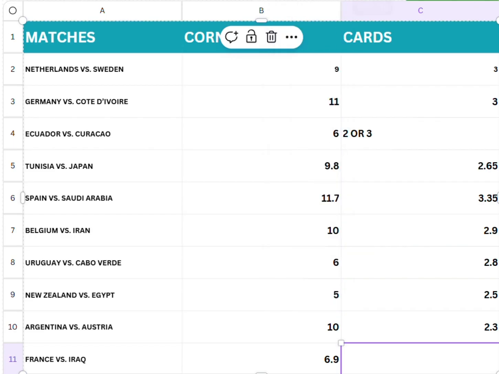So about 7 corners. While for cards, the average cards in a match for France is 3.5, while for Iraq it is 1. I think Iraq has played only one World Cup tournament game so far from the data, 2010 till present.